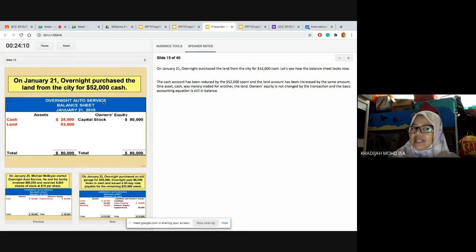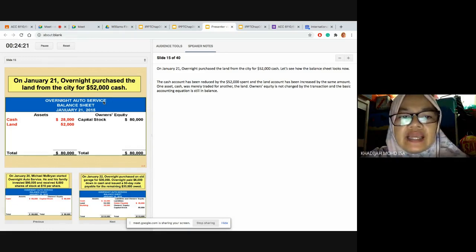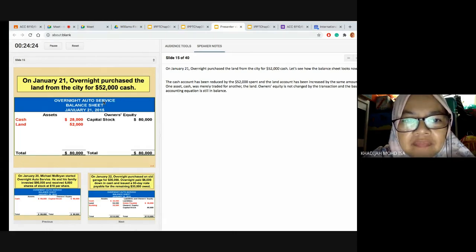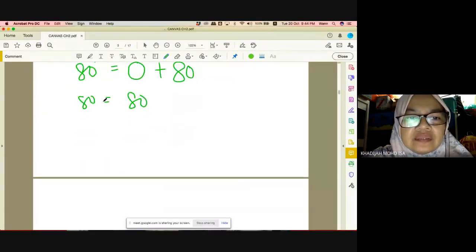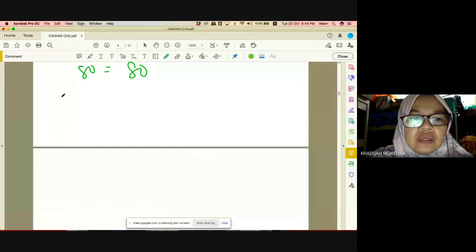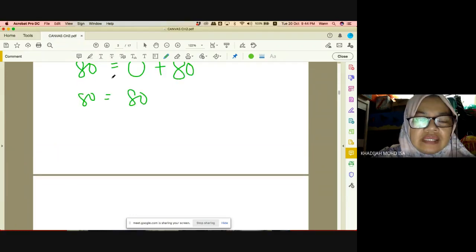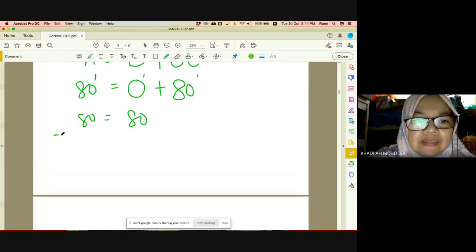Initially your cash is 80,000, but now you use the cash to pay for the land. Did anything else happen other than that? No. So for the second one, it's always like this. Your asset initially was 80, and liability plus owner's equity was 80. Now what happened?